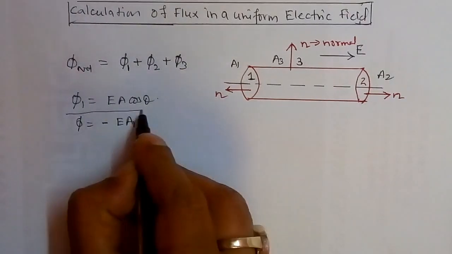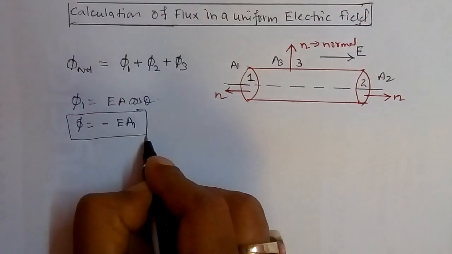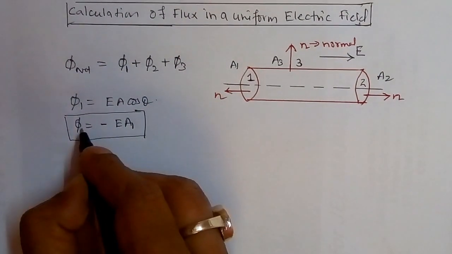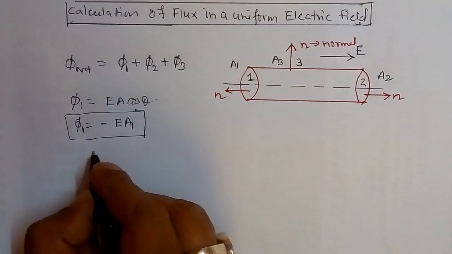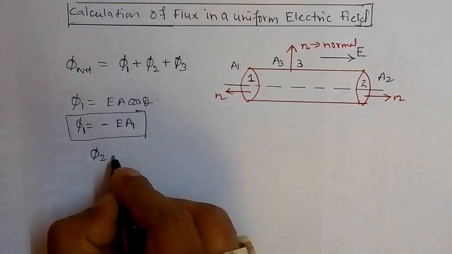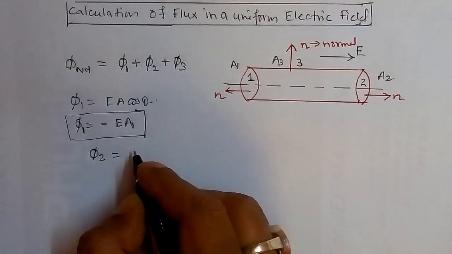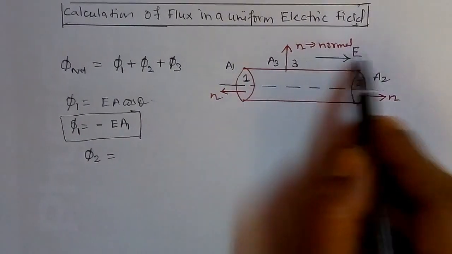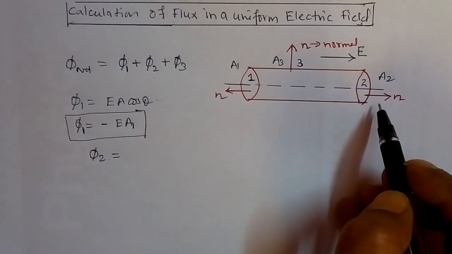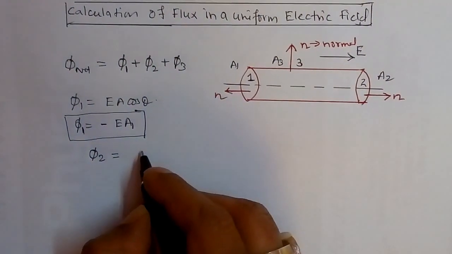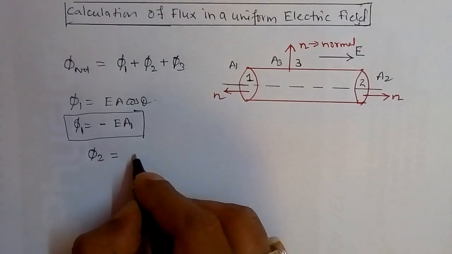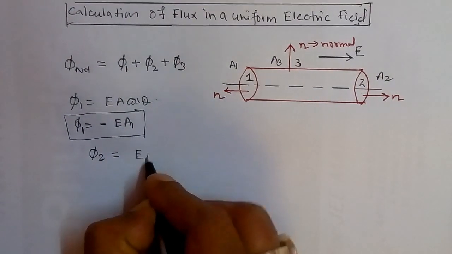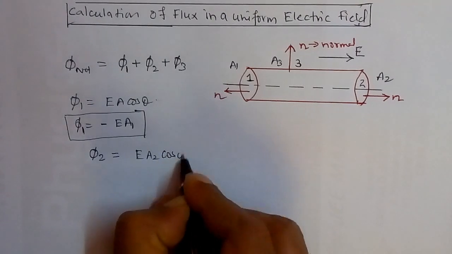So the flux is given by, say, minus E into A1. Now similarly we can find flux through the second area, where we can see the electric field and normals are parallel to each other. So in that case we can write phi 2 equal to E A2 cos theta.